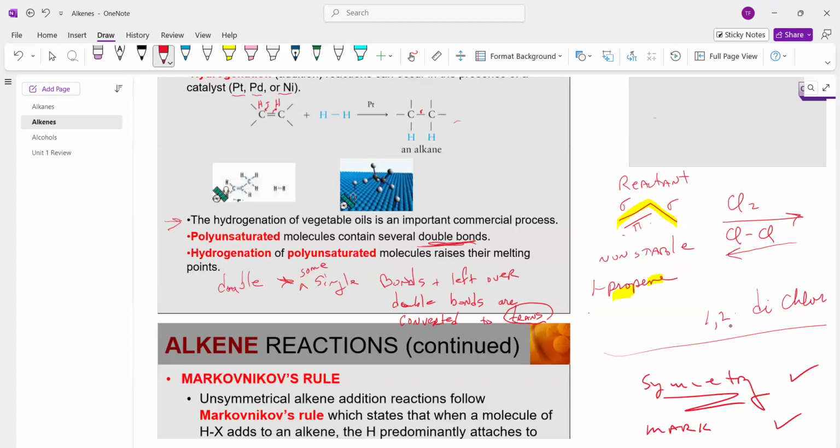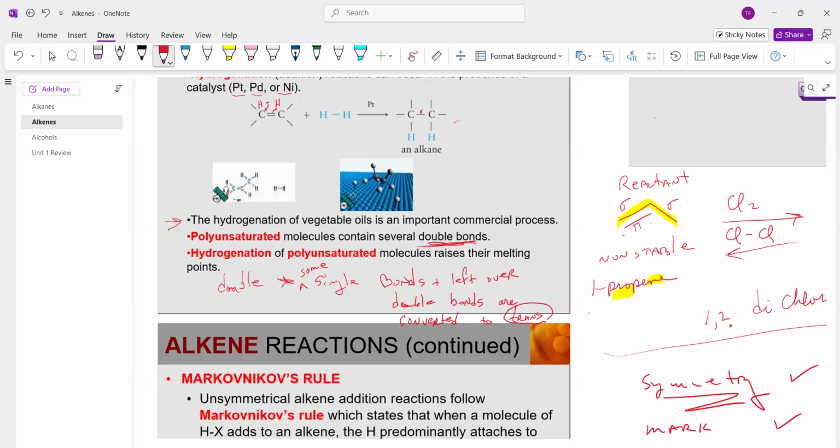Interesting. Okay, so when you add hydrogen to a double bond, it's an addition reaction. It's a homogeneous addition because the H's are the same. So we add an H to each carbon, and we end up with an alkane. However, in this case, the double bond, compared to the alkane, is not as unstable as before.